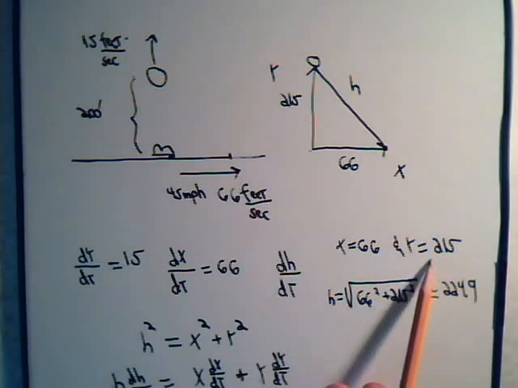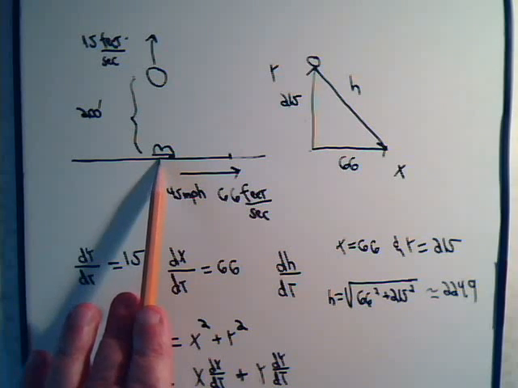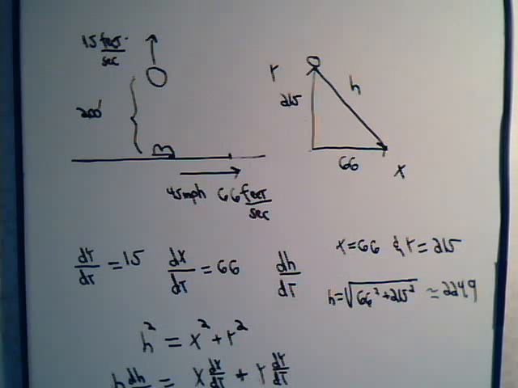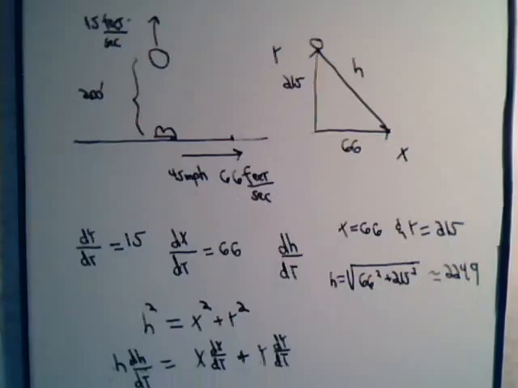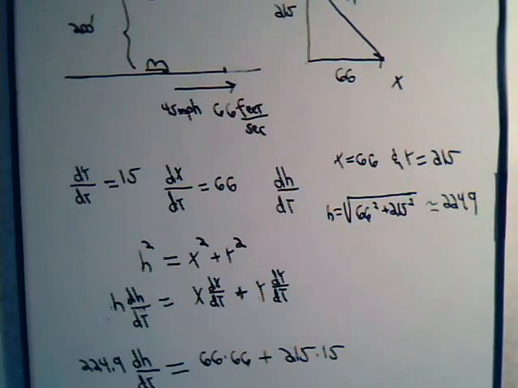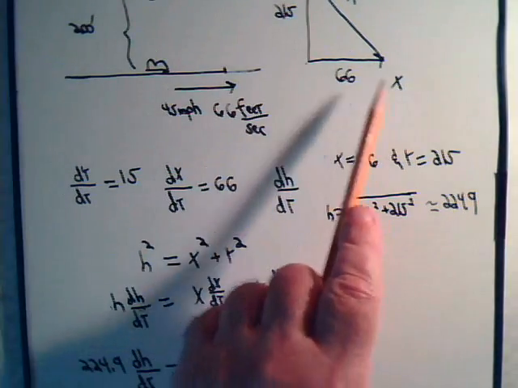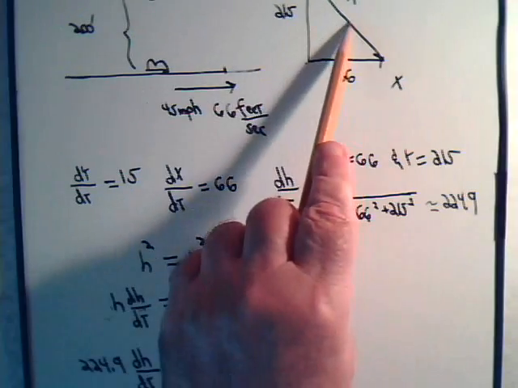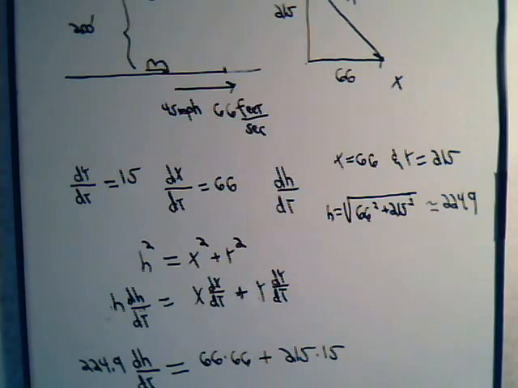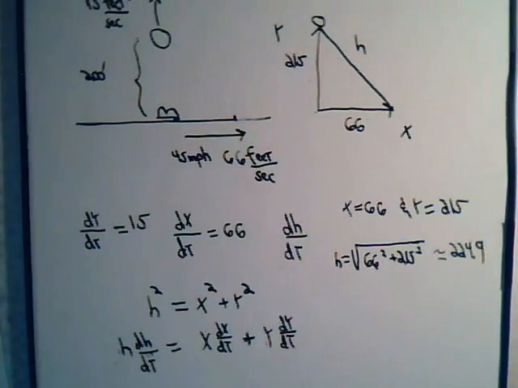Those are the values it's going to have 1 second after the car was directly beneath the balloon. So we need some equation that relates x and y and h. And of course, that's real obvious. That's going to be the Pythagorean theorem. So h squared equals x squared plus y squared.